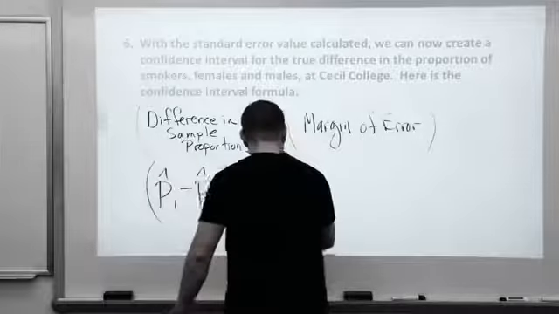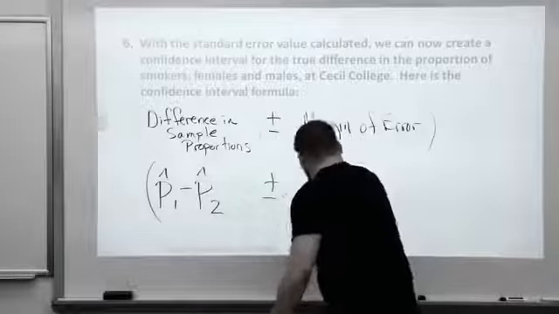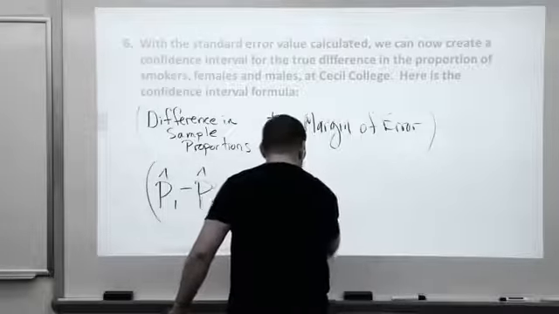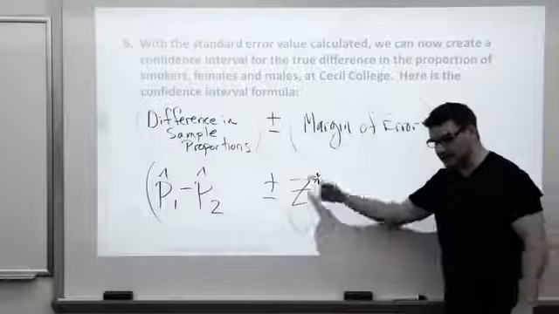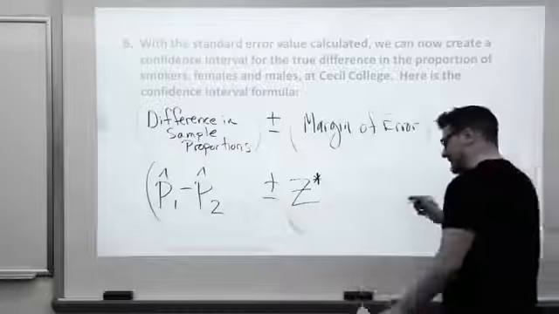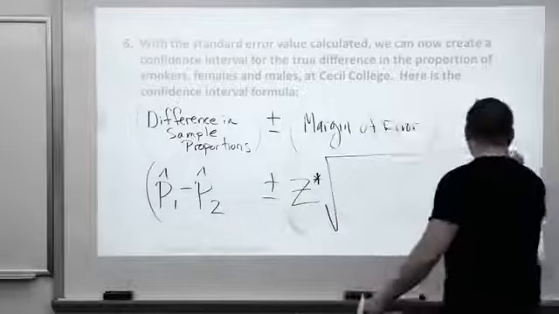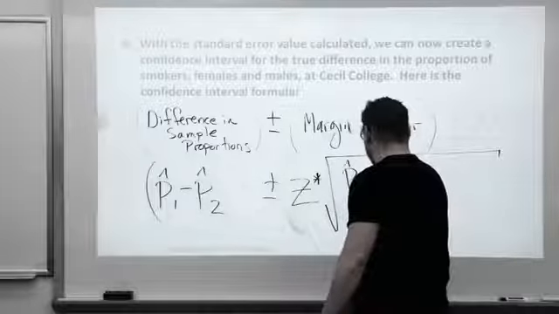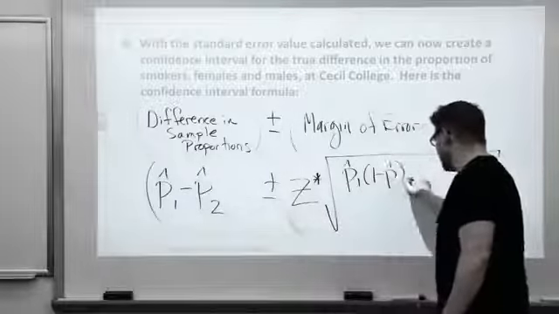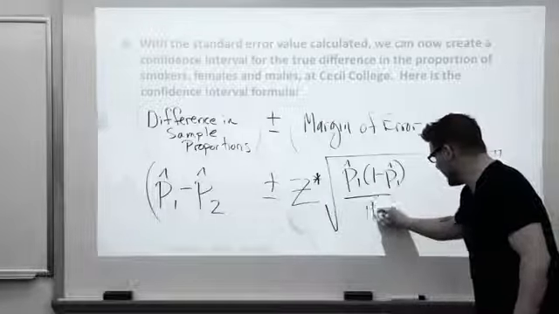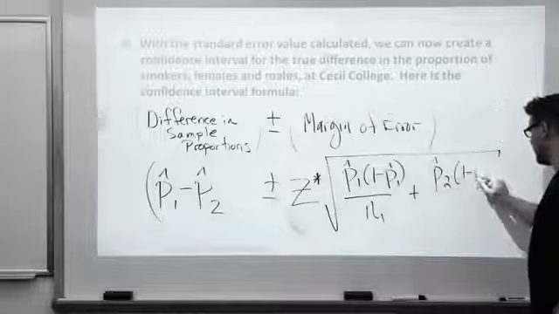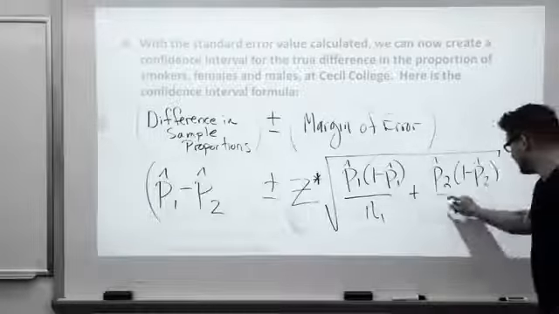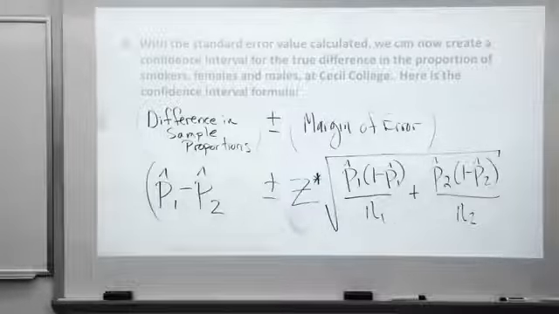And now I've got this big square root thing, but I do need to stick a z number in there. This will tell me how many standard errors I need to jump out to be however confident that I want to be. And so big square root, here's your p hat 1 times 1 minus p hat 1 over n1. And here's your p hat 2 times 1 minus p hat 2, all over n2.